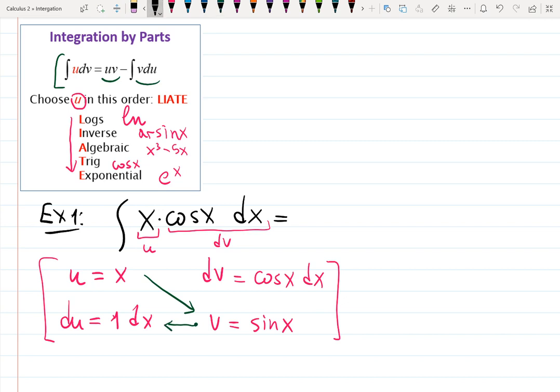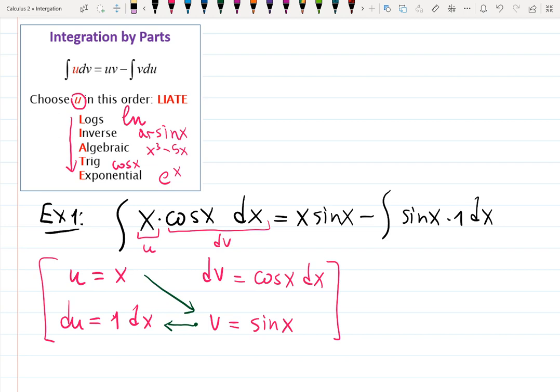Using this visual memorization, or you can remember the formula if you want, I see that I have u times v, which is x times sine x, minus integral of v shows up again, that's sine x, times 1 dx. So integration by parts creates from one integral a piece which is already integrated minus a more simple integral, or at least we hope that it's going to be more simple.